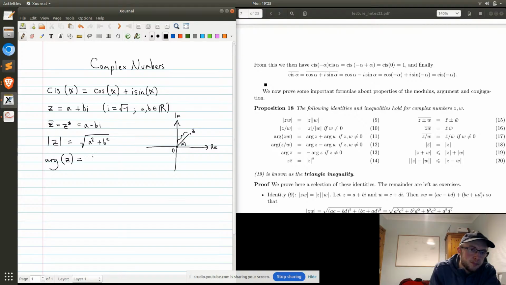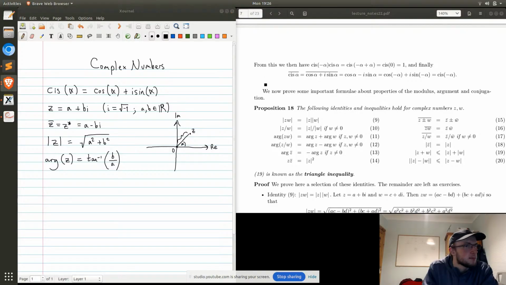And what actually is that? Well, that would be the arctangent of the imaginary part of z over the real part of z, like that.